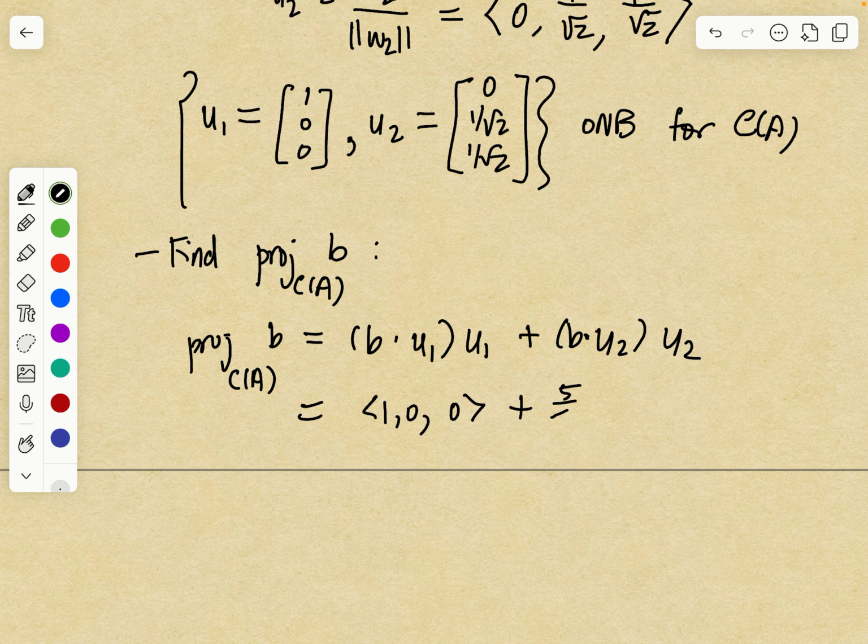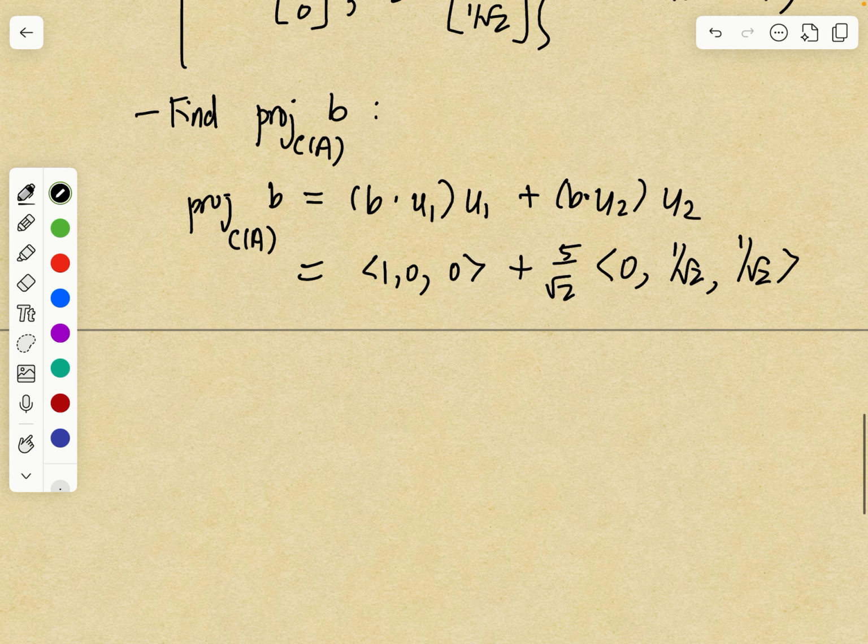So 5 over root 2 times U2, 0, 1 over root 2, 1 over root 2. And now we just need to add these vectors. You get 1, 0, 0 plus 0, 5 over 2, 5 over 2. That gives you the vector 1, comma 5 over 2, 5 over 2.